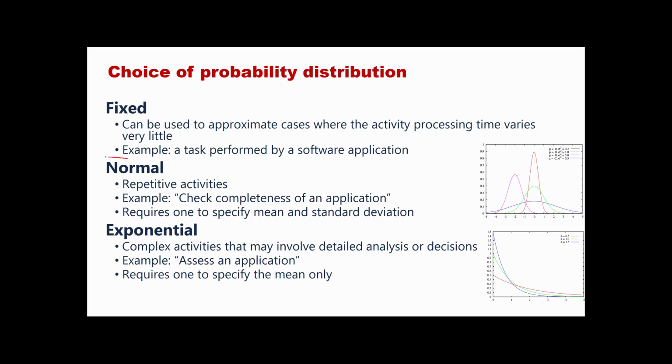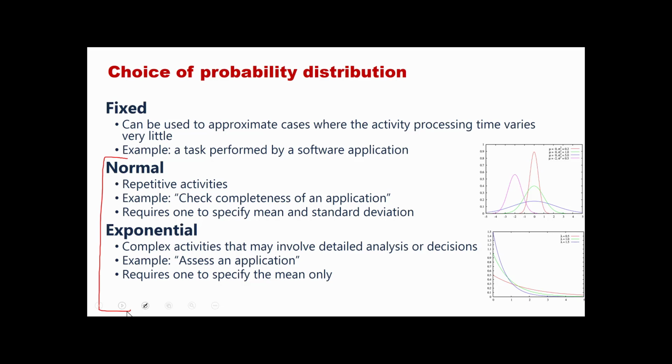When it comes to tasks performed by a person, there are usually 2 types of probability distributions that are very useful, that commonly fit the bill, let's say. The normal distribution and the so-called exponential distribution.